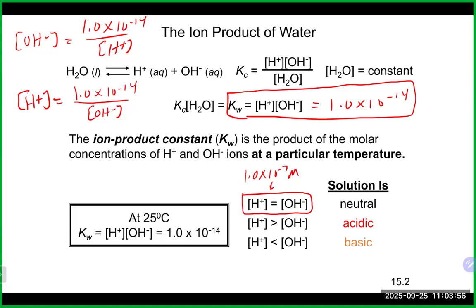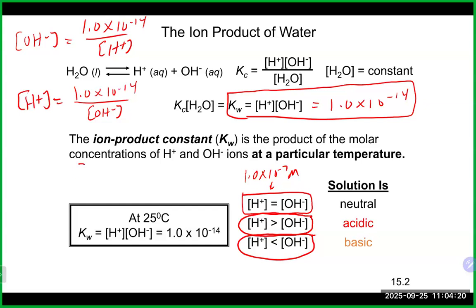If the H plus concentration is larger than the OH minus concentration, that's basically your acid part is bigger than your base part, your solution will be acidic. And if the hydroxide concentration is larger than the H plus concentration, so basically your basic is larger than your acidic, then it will be basic.